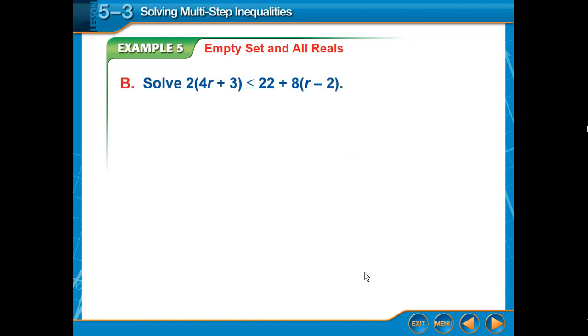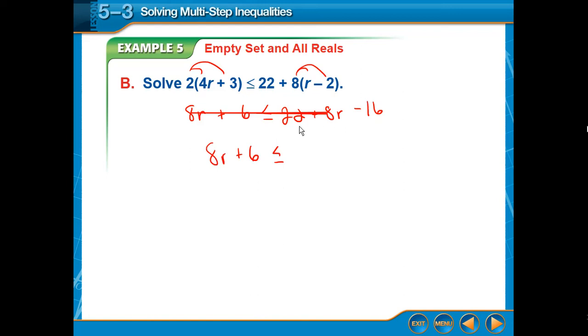Same thing here. We're going to distribute through with our parentheses. So I'm going to get 8r plus 6 less than or equal to 22 plus 8r minus 16. Combining anything that's the same on both sides, I have 8r plus 6 less than or equal to 22 minus 16 is 6.